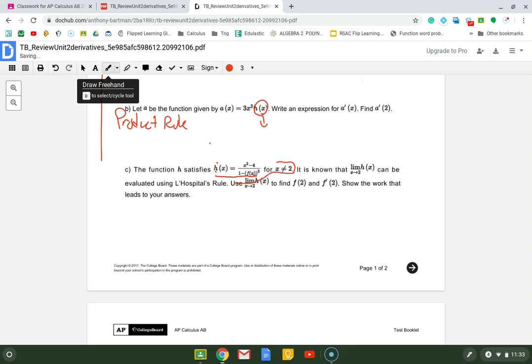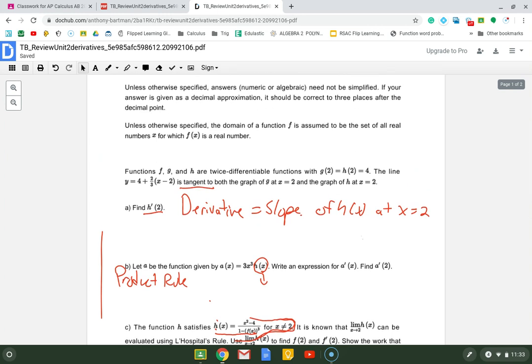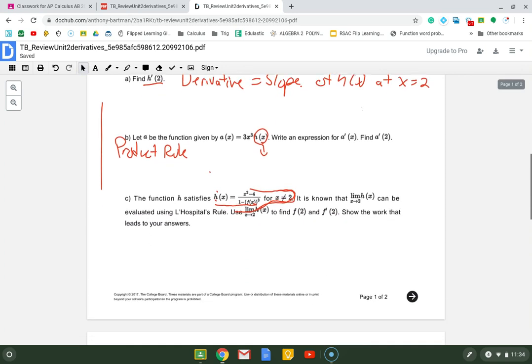Okay, so that whole thing, we know what happens as x approaches 2. Well, first, we know that h is a twice differentiable function. Right here, we know it's a twice differentiable function. So that means it's going to be continuous. That's a big hint, and that's going to be helpful later.